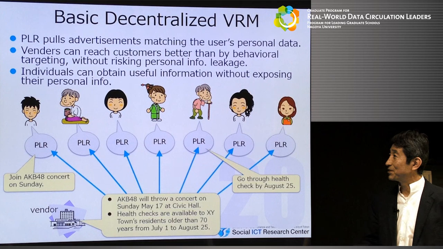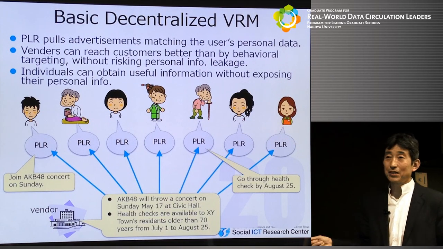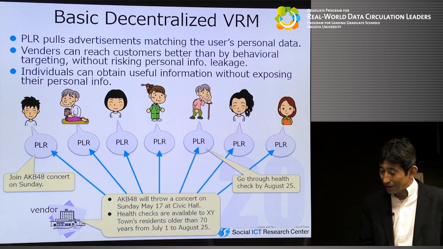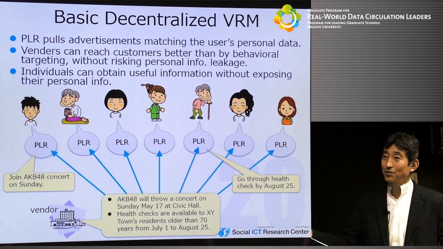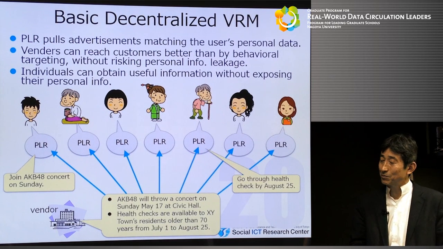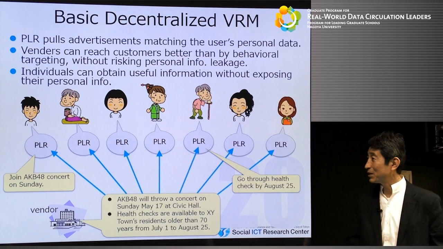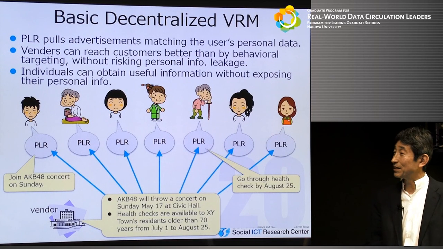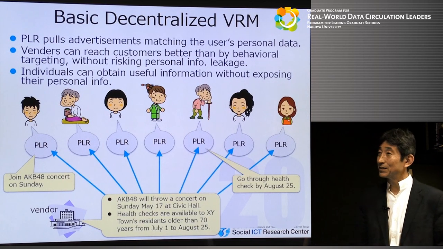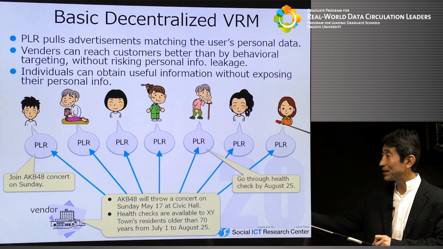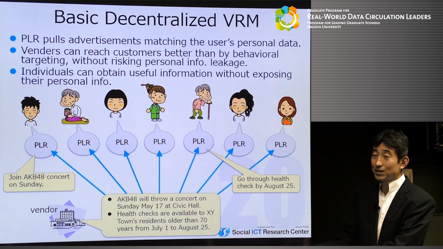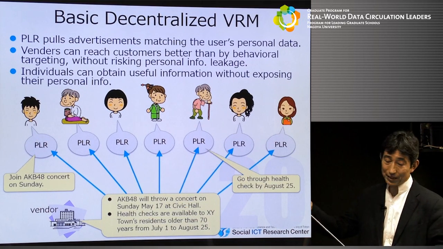However, in the case of VRM, it is up to the individuals to collect their own personal data. That collection is much more perfect, much richer than the data collection by the vendor. So the matching between their needs and the products and services is much better in the case of VRM.